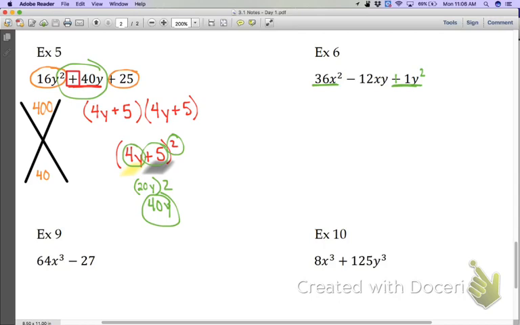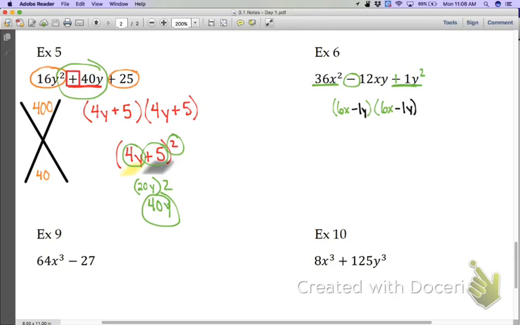So, two numbers that are perfect squares of 36x: I have 6x and 6x. Since this is a negative, both of these signs in here will be a negative. 1y and 1y.